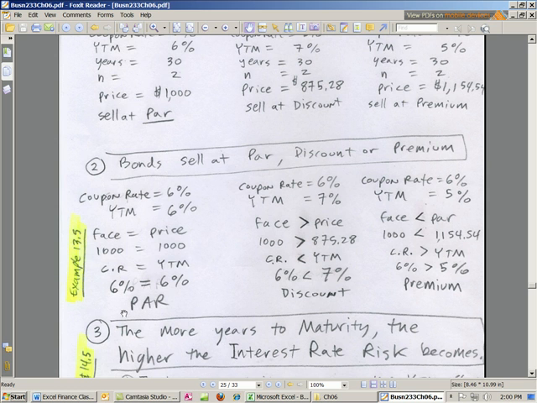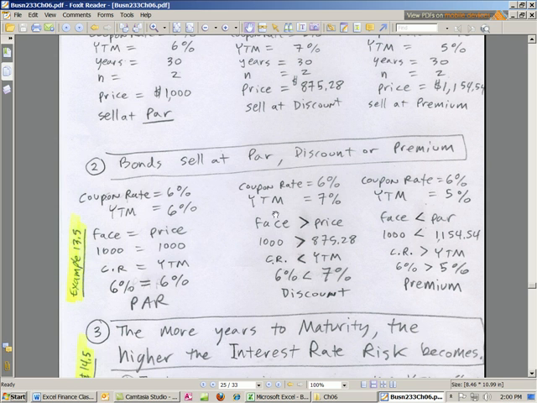We sell at par. Next situation, we have 6%. If yield to market goes up to 7, that means our face value is going to be greater than the price. And the reason why is no one in their right mind, if they could get 7% out in the market, would come and get our 6%.